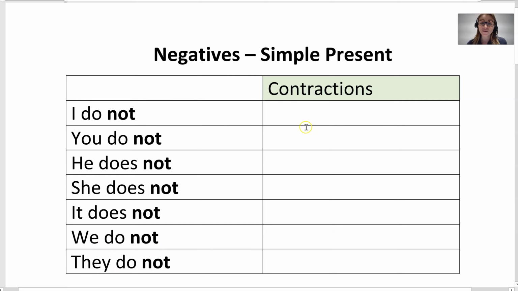Okay, so what are the contractions? Remember, contractions means they are shorter or reduced. This is how Americans usually say the word. We say it much faster.